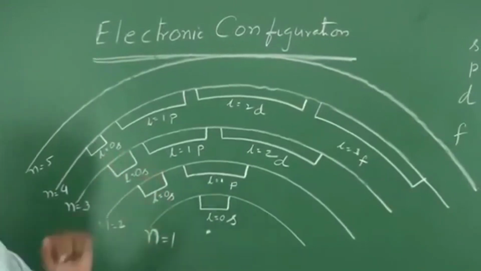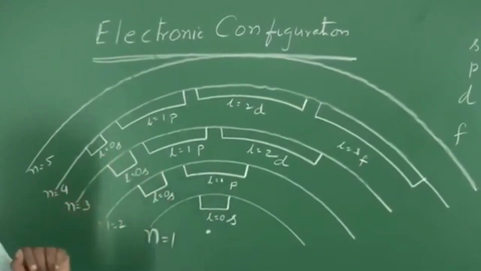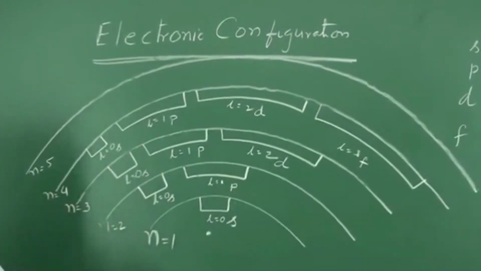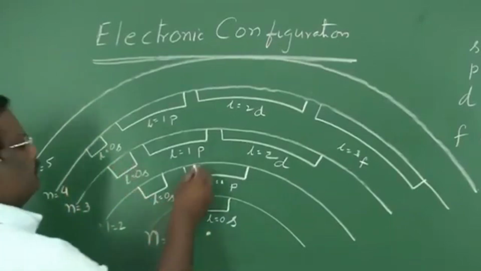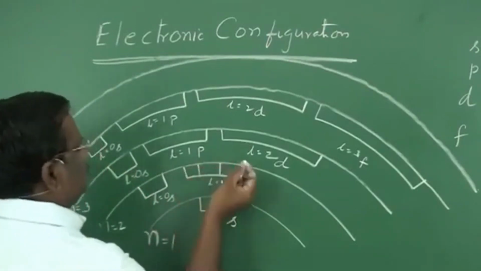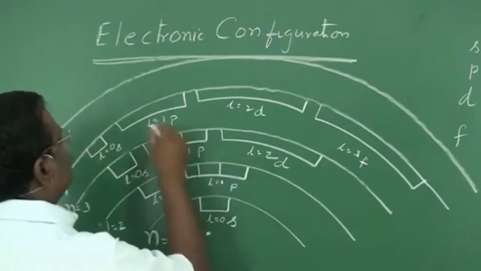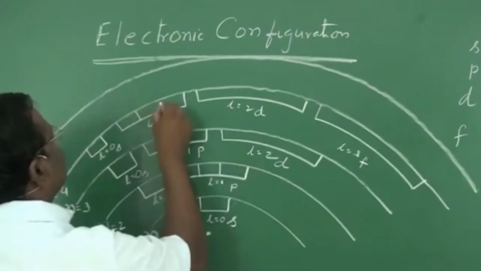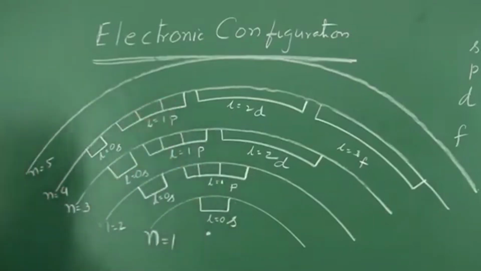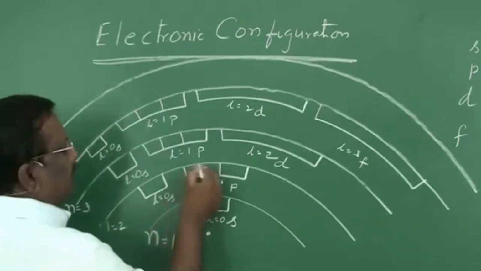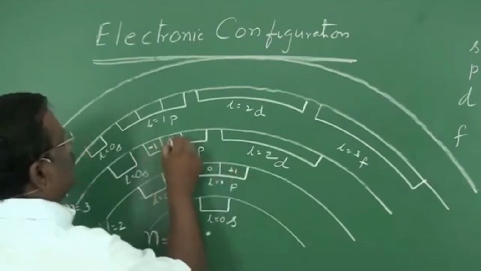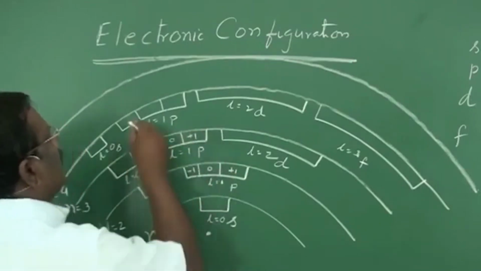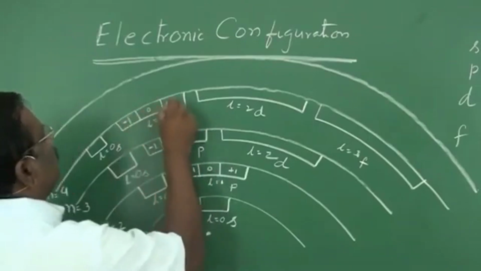If L value is 1, we call it a P sub-energy level. In P sub-energy level, we have 2L plus 1, that is 3 orbitals. Their m values are minus 1, 0, plus 1.